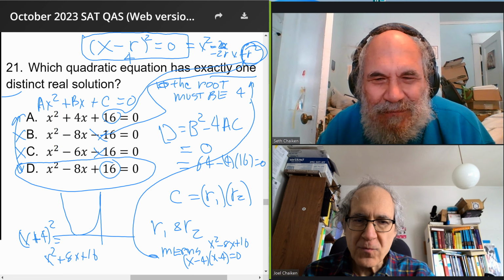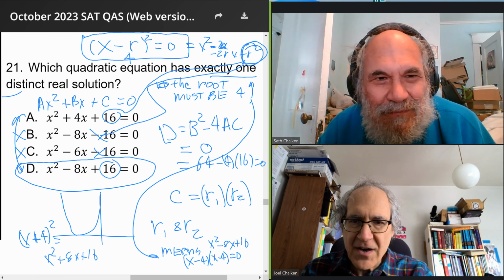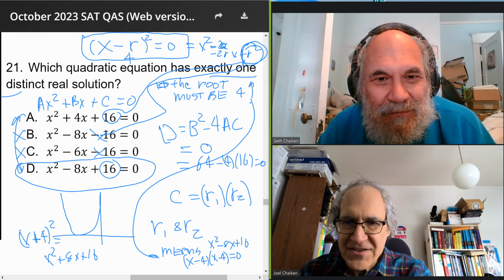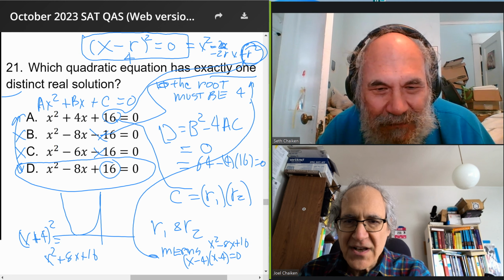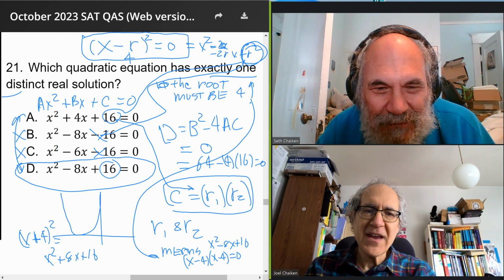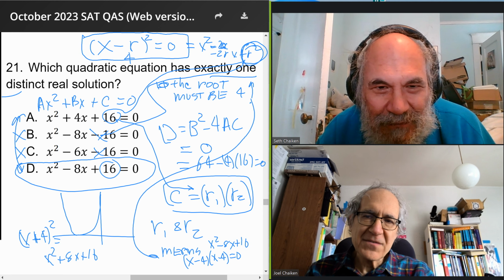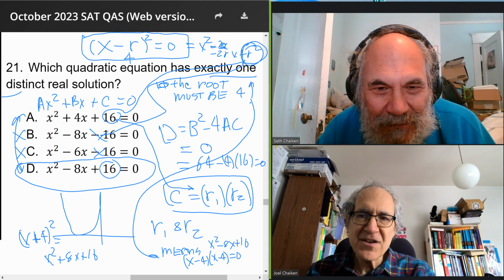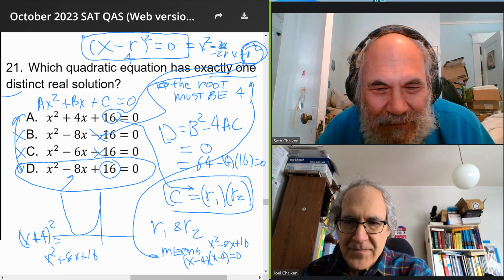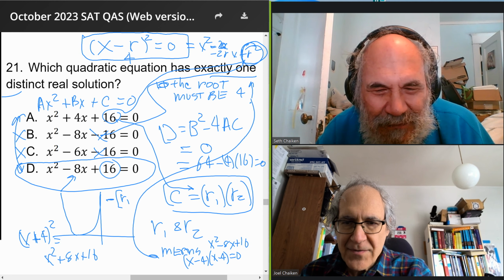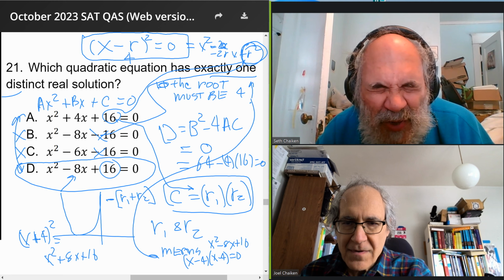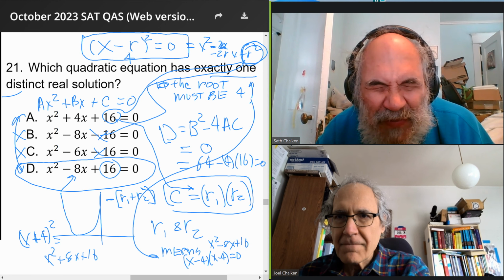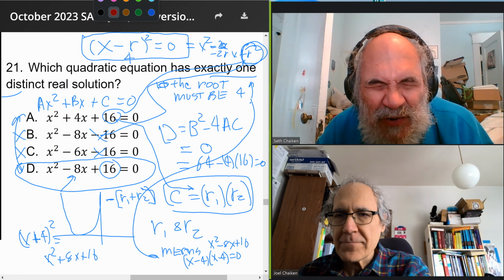This is a good thing to always keep in mind, that the last term of a quadratic equation is the product of the two roots. That is very handy to have. And almost as handy is to know that the middle term is the negative of the sum of the roots. But that's only true when the coefficient of x squared is 1.